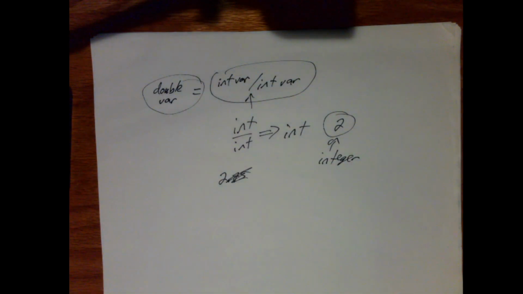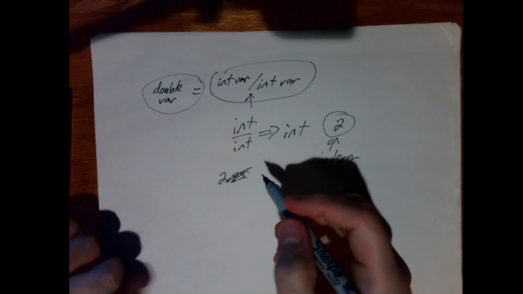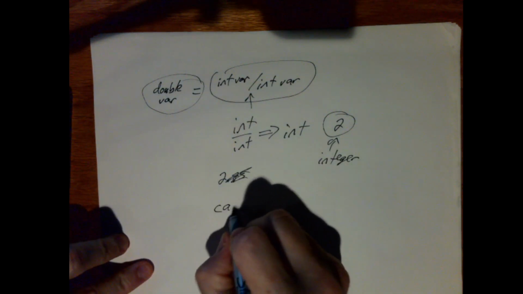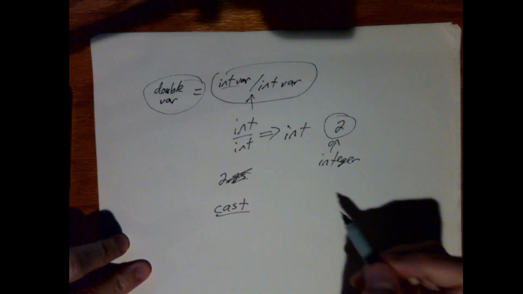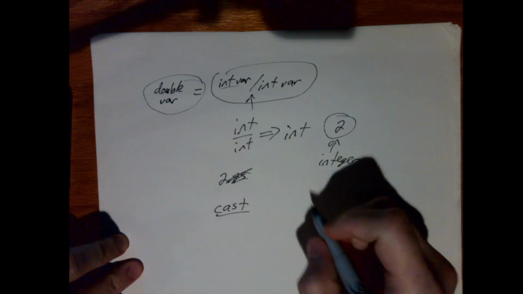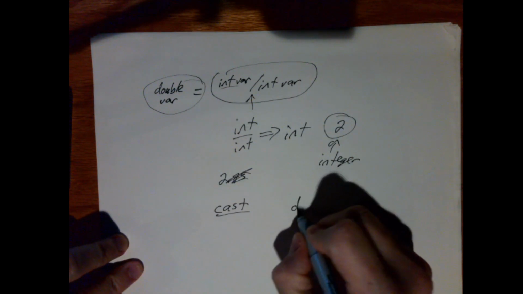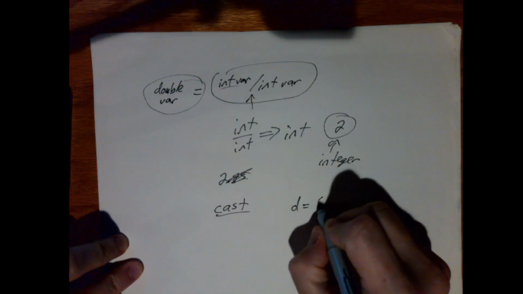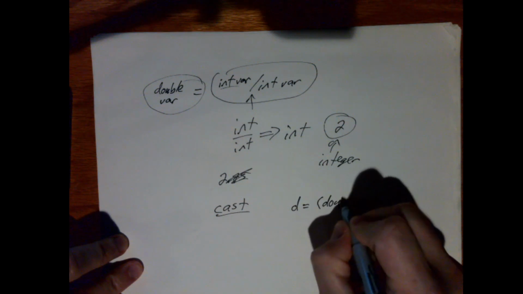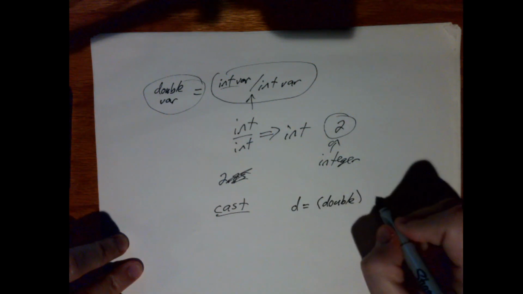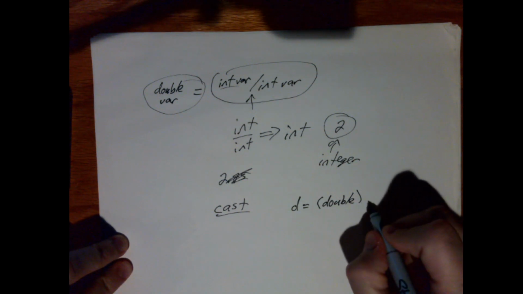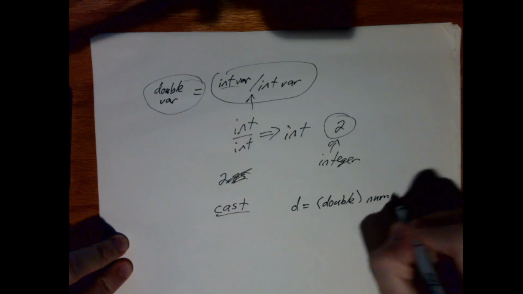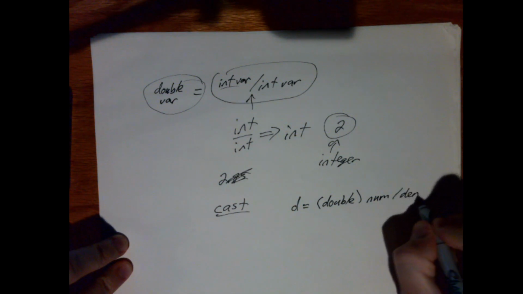Well, there's several things we can do, but one of those is to cast one of these variables to type double first. So what that means is I'm going to write this. I'm going to say in my code, d is equal, in parentheses, double, since that's the type I want. And then I'm going to have my numerator variable, it's called num, and then slash den, semicolon.